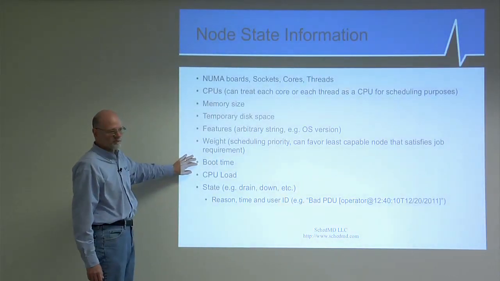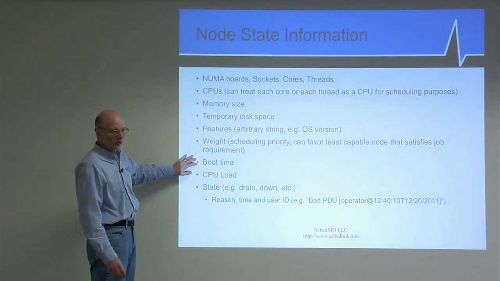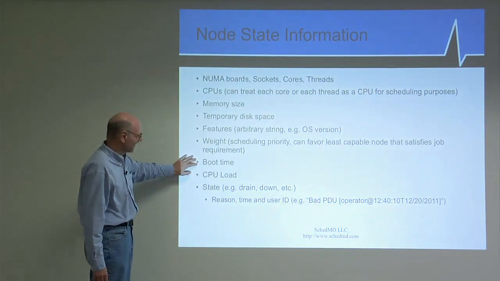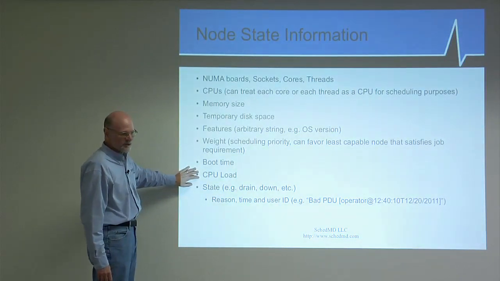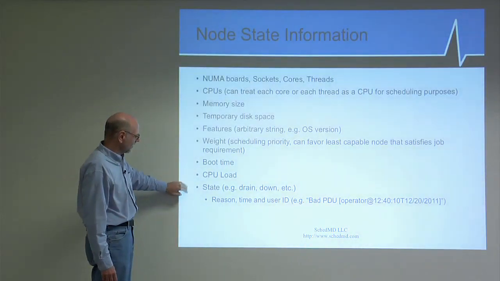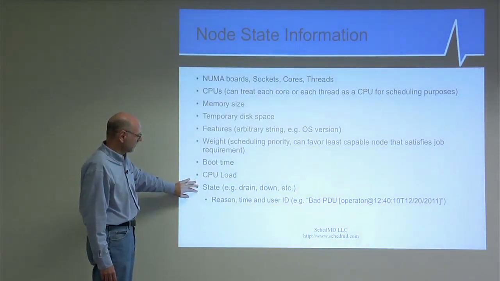We keep track of boot time, so if we've got a job running and a node reboots out from under it, we can recognize that it's probably not still there. We keep track of the CPU load, which we don't use for scheduling purposes, but we do keep track of that. And then there's a state.